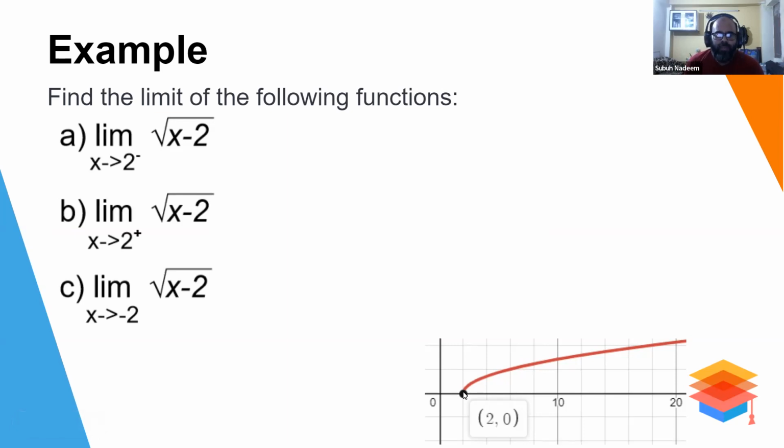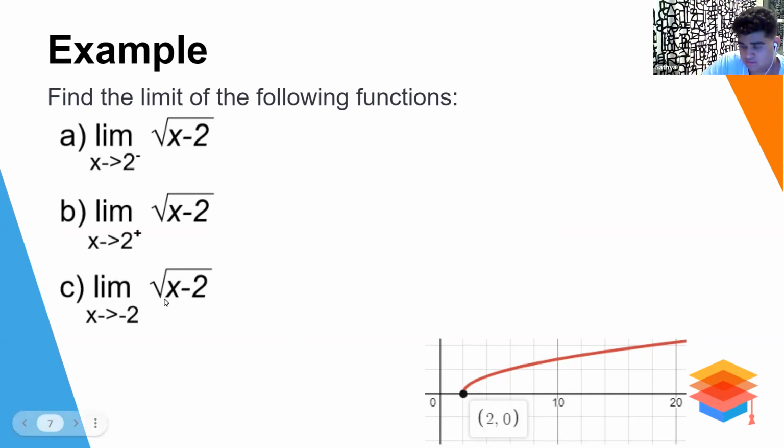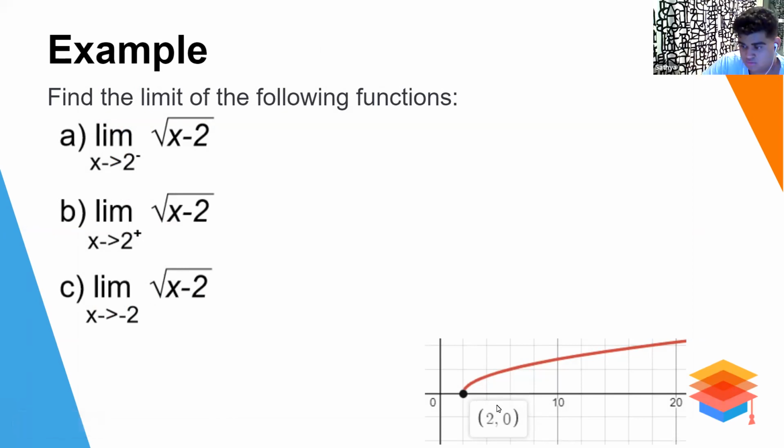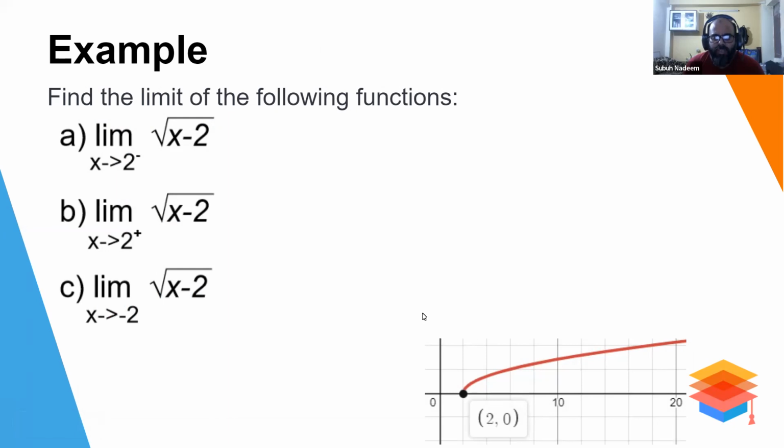And what about minus 2? That's root -4. Again, negative. So root -4 does not exist. The square root of a negative value does not exist.